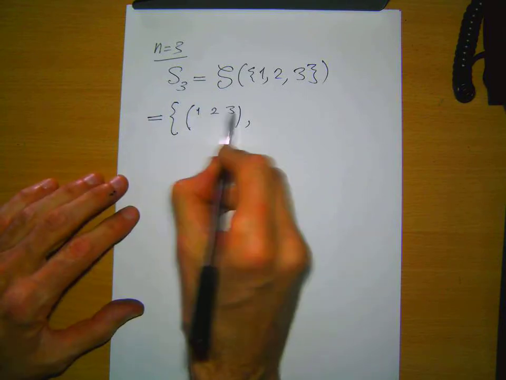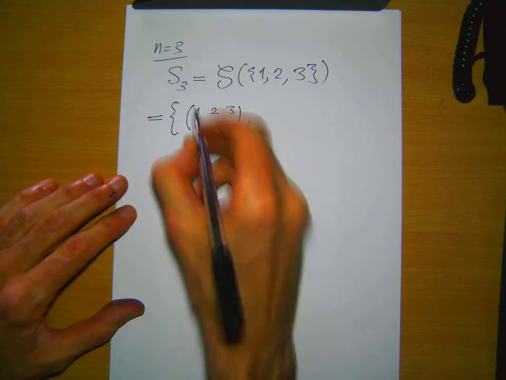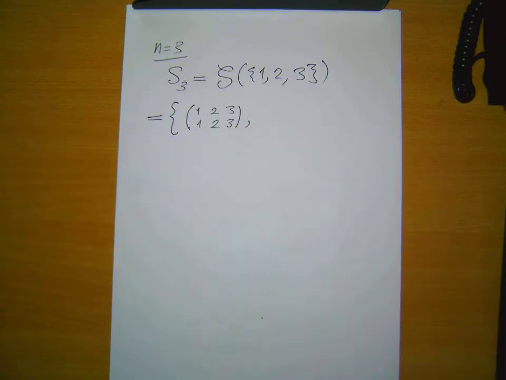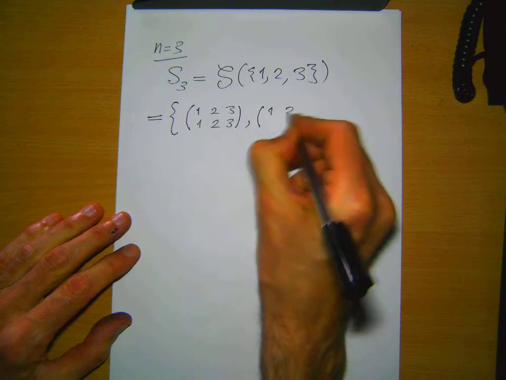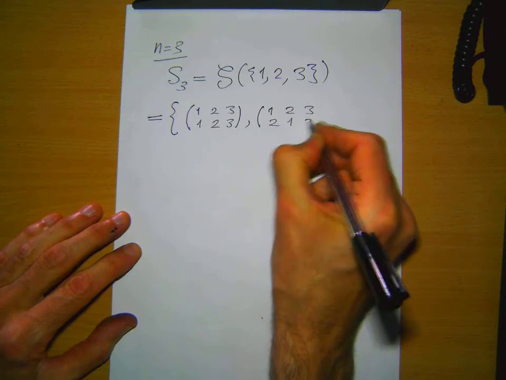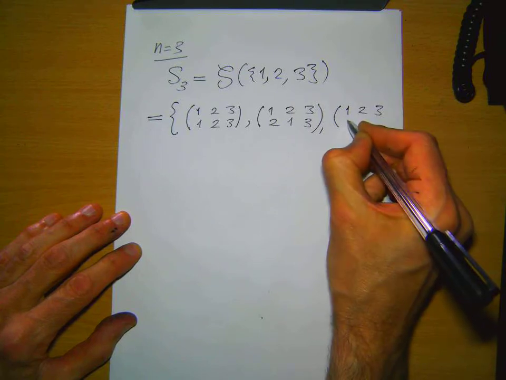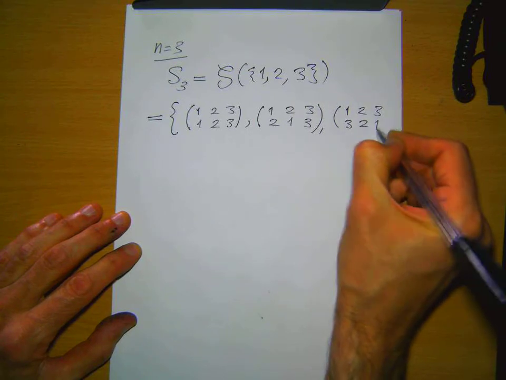I'll put the numbers 1, 2, 3 along the top and then say where they go to. Well, one permutation is where I'll just leave them all where they were. That's the identity bijection. Or I could swap 1 and 2 around. Or I could swap 1 and 3 around.